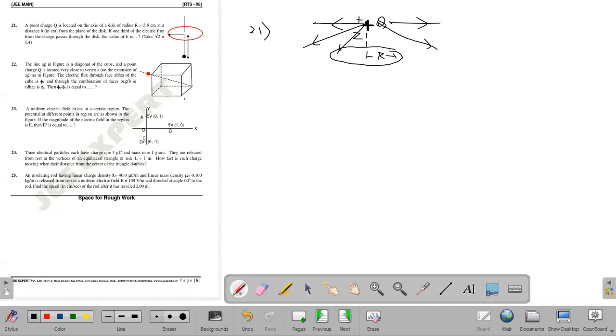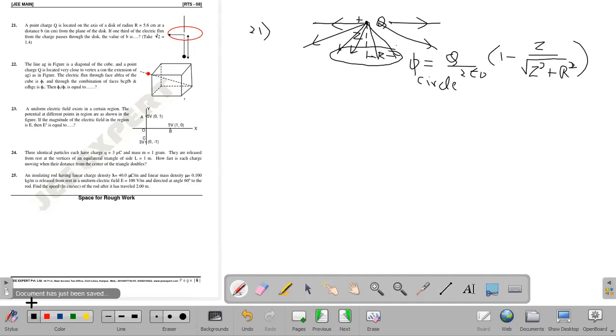Some limited number of electric field lines will pass through our circle, and therefore the flux for this circle, which we have done in our classroom, was calculated as q by 2 epsilon 0 times (1 minus z upon root of z square plus r square). This is the flux which will pass through the circle. We have done it in the classroom.